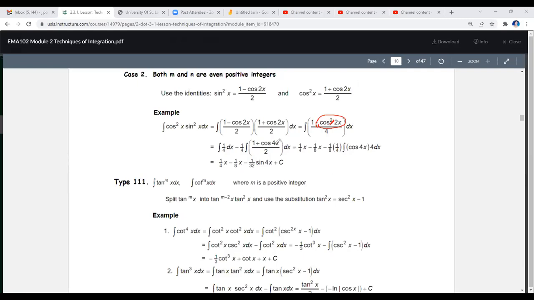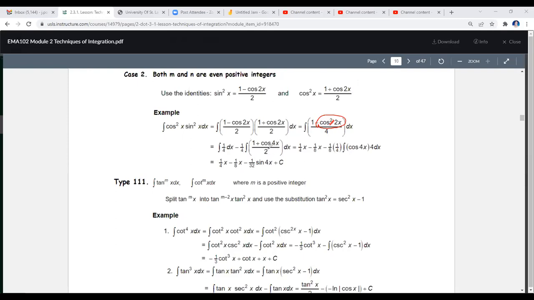So you change the 2x to 4x and you will have plus sign here. And you will have another 2 here in the denominator. So it follows, class, that this 1/4, if multiplied to this 1/2, will be 1/8 x. This is minus, so you have here 1/4 x minus 1/8 x if you're going to integrate this 1/8 dx.